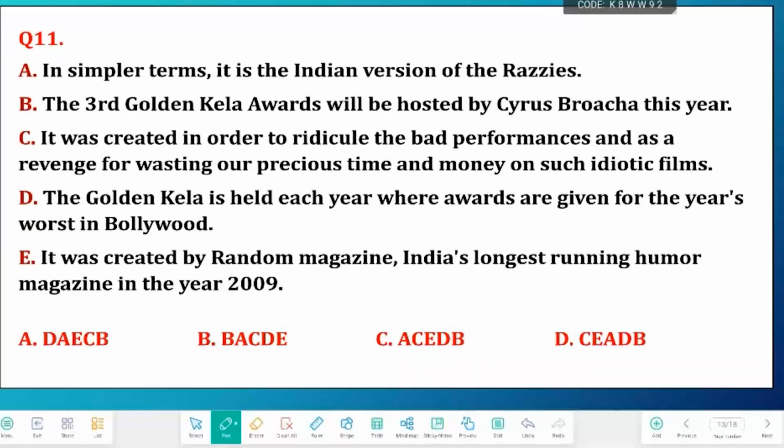Statement C: It was created in order to ridicule the bad performances and as a revenge for wasting our precious time and money on such idiotic films. The Golden Kela is held each year where awards are given for the year's worst in Bollywood, and it was created by Random Magazine, India's longest running humor magazine, in the year 2009. So you roughly have a couple of minutes to solve this, and your time starts now.